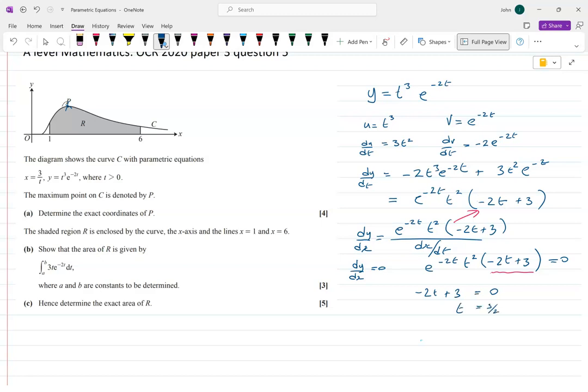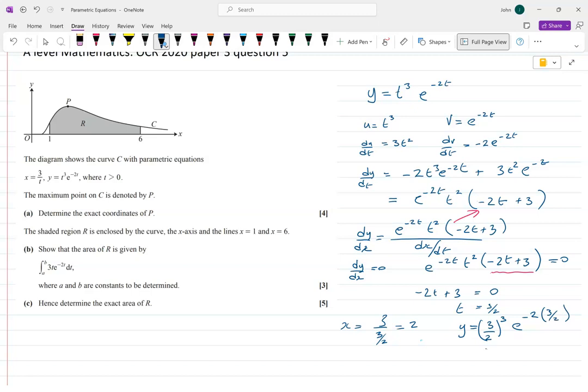It wants the coordinate there. So when t equals 3 over 2, you can put it into x, which gives us x is equal to 2, and y is equal to 3 over 2 cubed, and e to the minus 2 times 3 over 2.